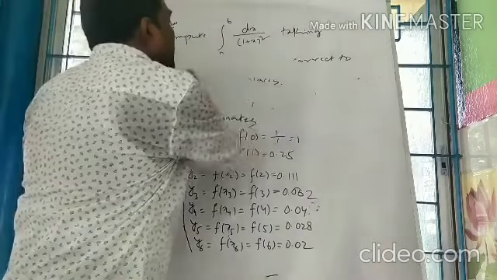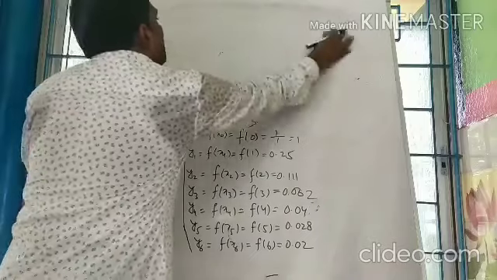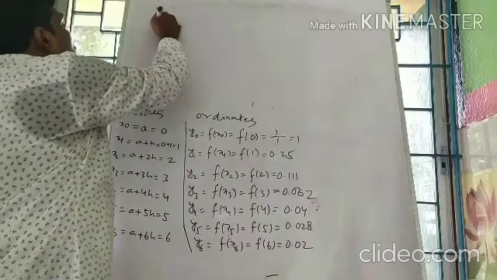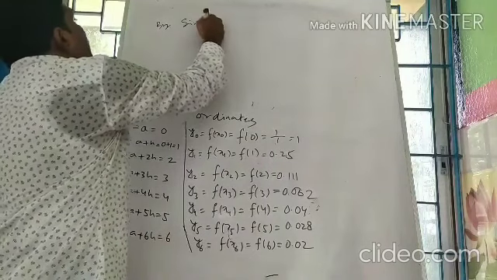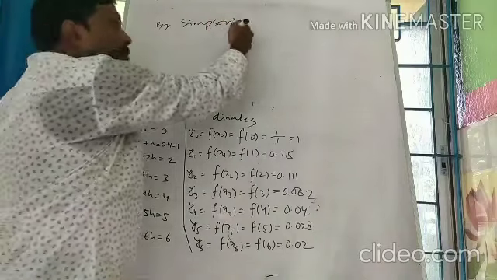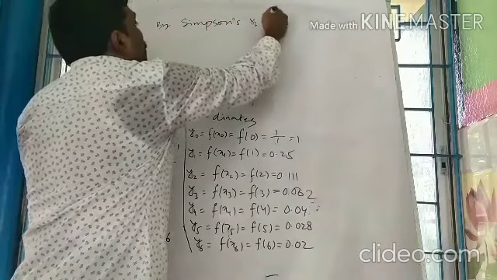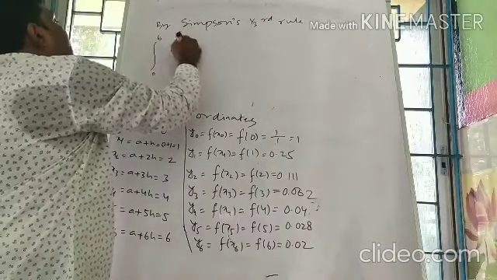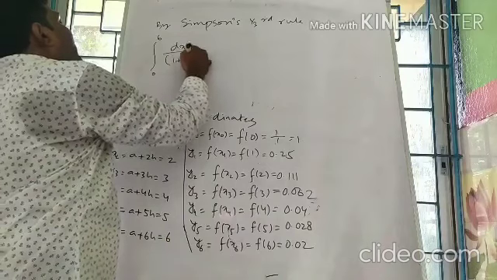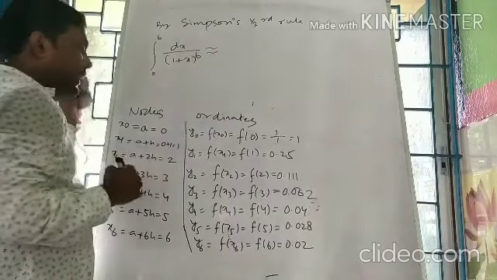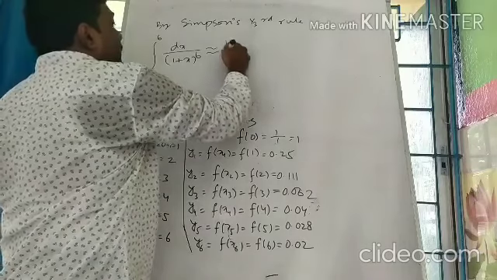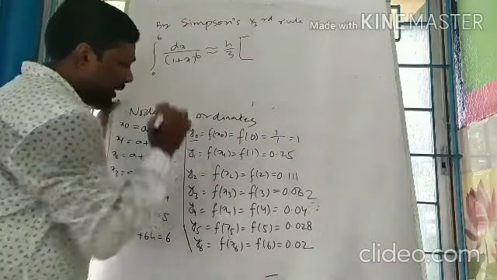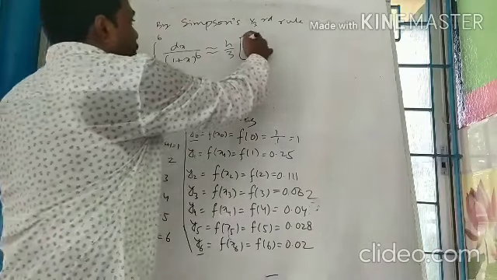Now by Simpson's 1/3 rule, the integration from 0 to 6 of dx by 1 plus x whole square is approximately h by 3 times the sum of the first and last ordinates. The first ordinate is y0, the last ordinate is y6.